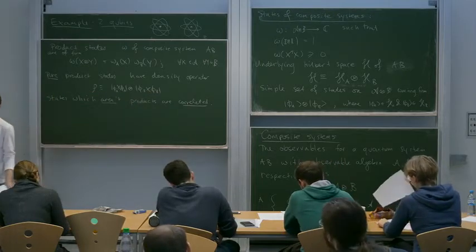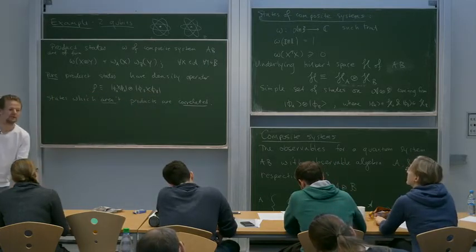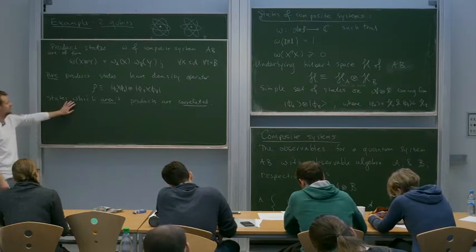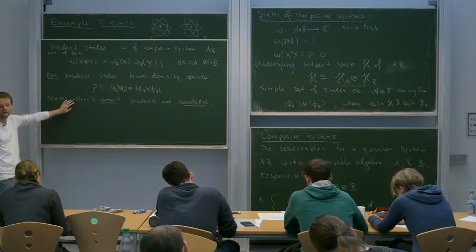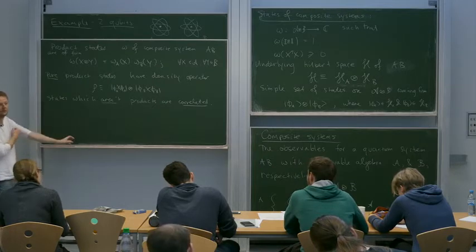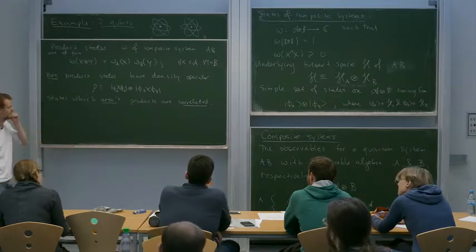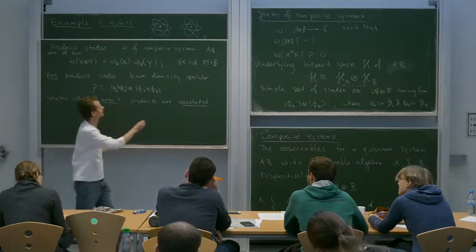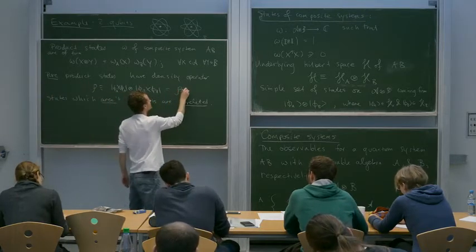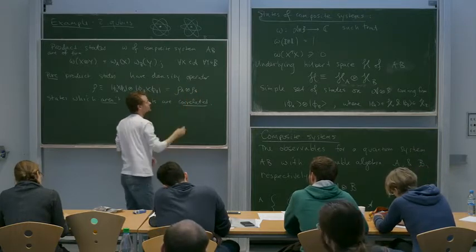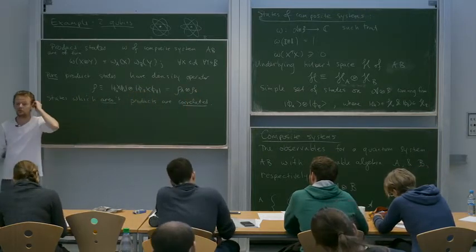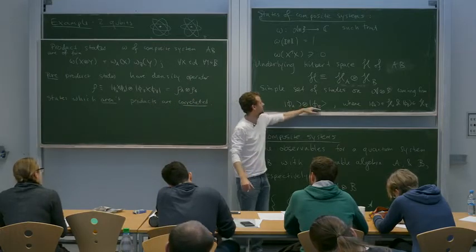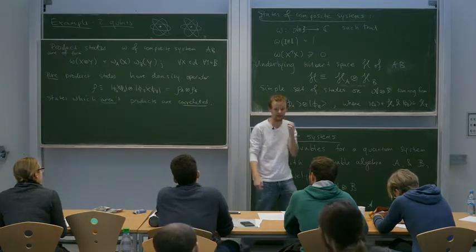Now, I've spoken about entanglement already, and it's tempting to think that this sentence here is a definition of entanglement. If we have a state which you can't write as a tensor product of rho A and rho B, you might think that that's entangled, because it looks really similar to saying that a vector state can't be written as a tensor product of vectors like this.